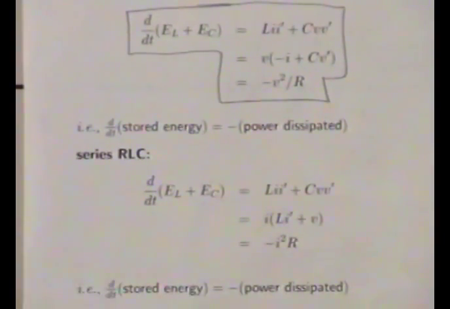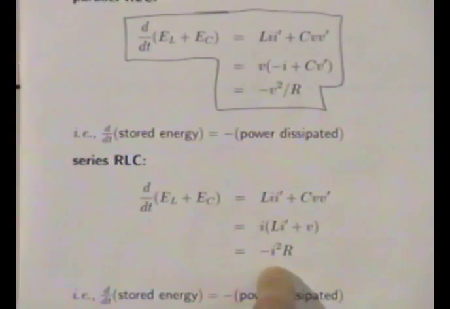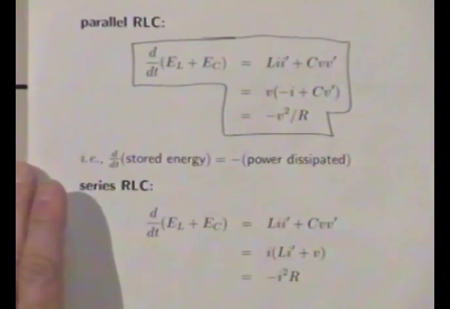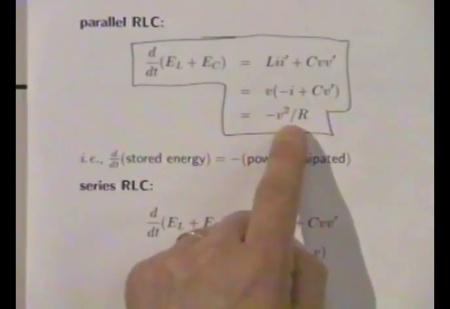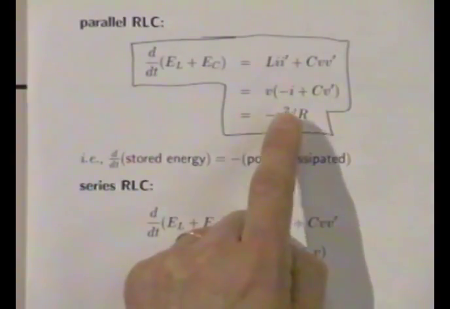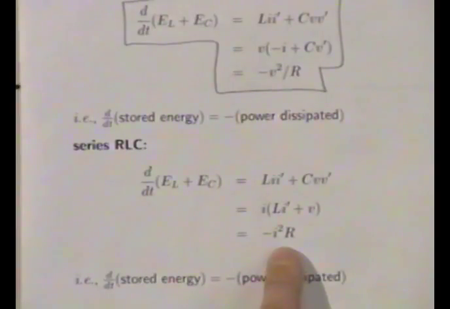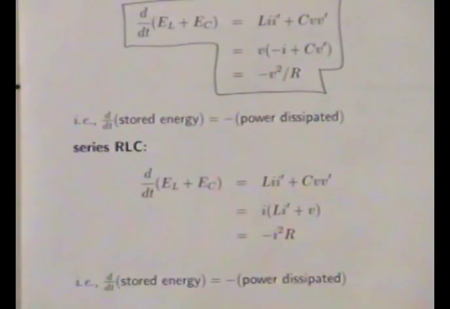And you can do the same trick for the series RLC and get the same question. I mean, you pose the same question and you get an answer which is very similar. The form is different. If you think about it, it makes perfect sense because in the parallel RLC circuit, the mechanism of dissipation is voltage across the resistor. In the series RLC circuit, it's current flowing through the resistor that gives you dissipation, and that makes perfect sense here.